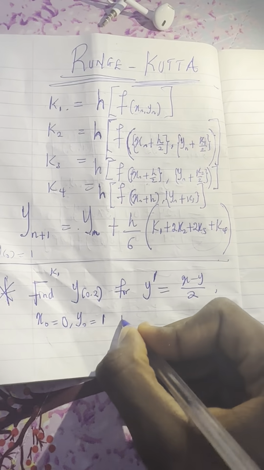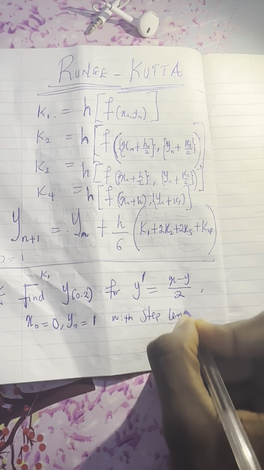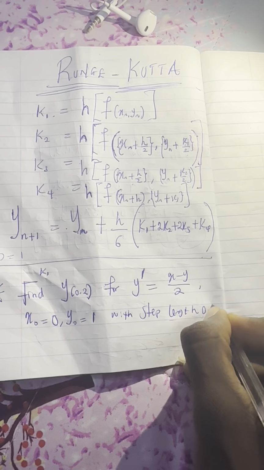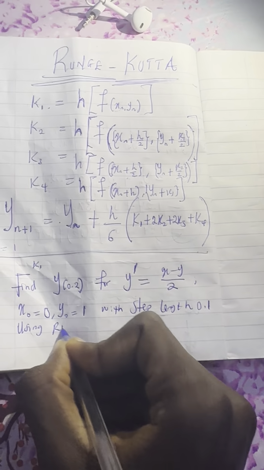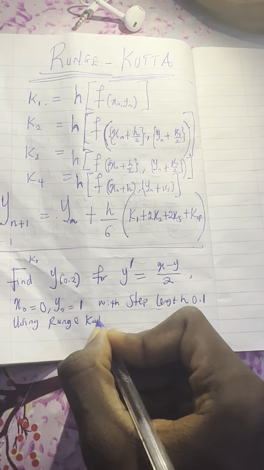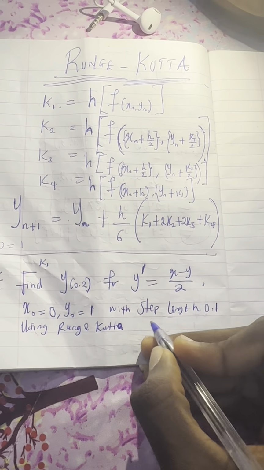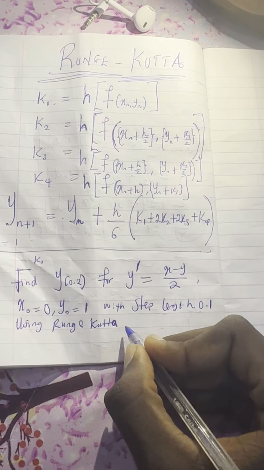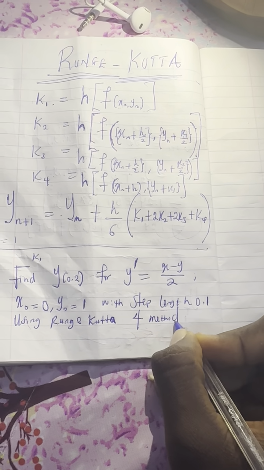Okay. So then I said with step length 0.1. So you're asked to use the Runge-Kutta fourth order method, using the RK4 method.